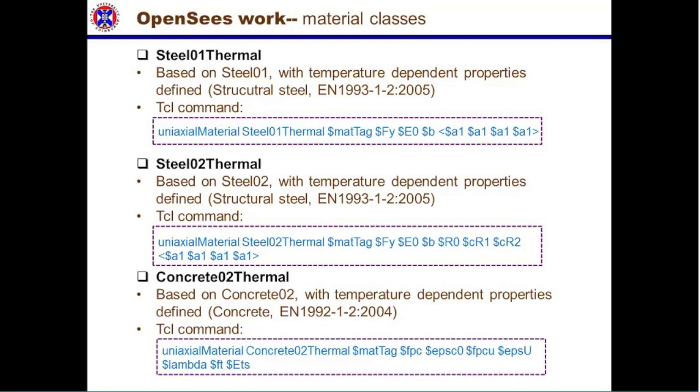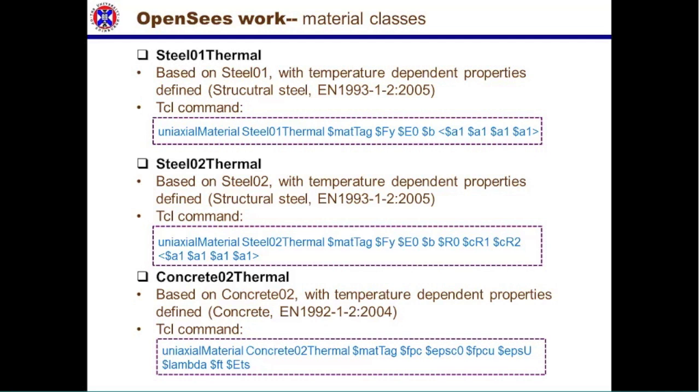We have a lot of reduction factors that can be applied to the yield strengths and to the tangent modulus. The Tcl command for Steel01Thermal is exactly the same as Steel01 in the OpenSees framework, which already exists in this framework.